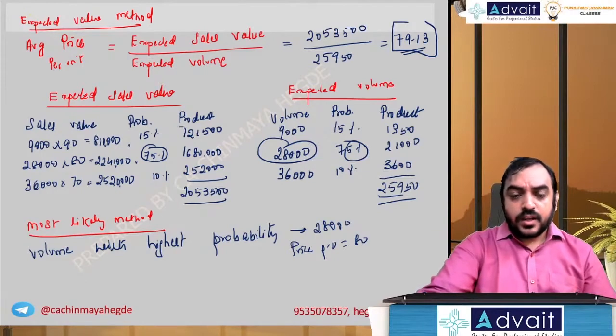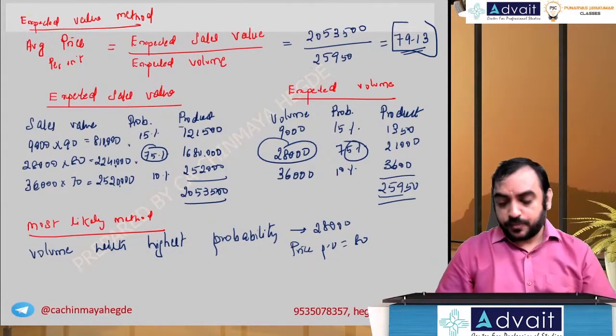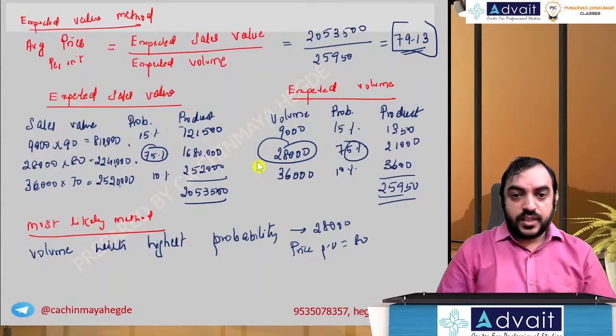But anyway, now let me come to the journal entry they asked for in the first part of the question. So let me go to the journal entry parts. Journal entry under expected value method.